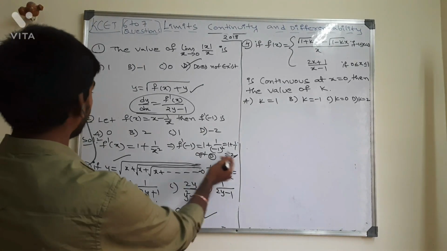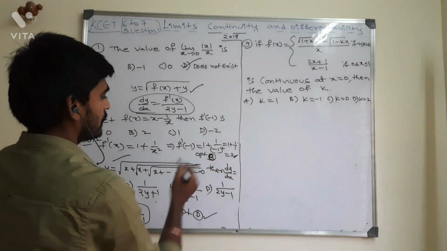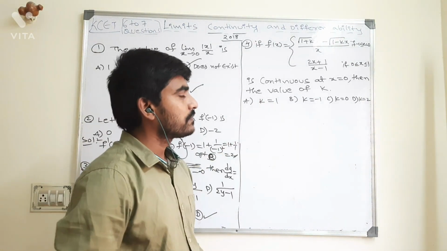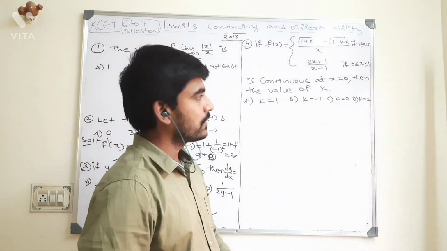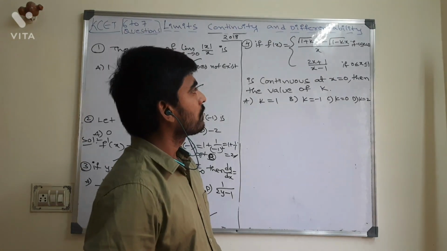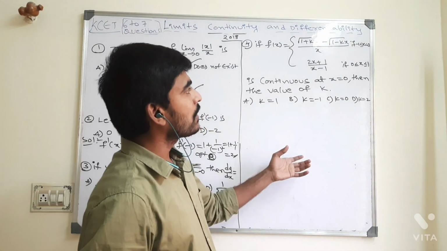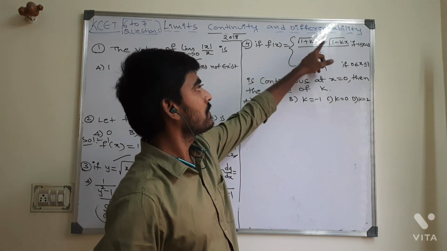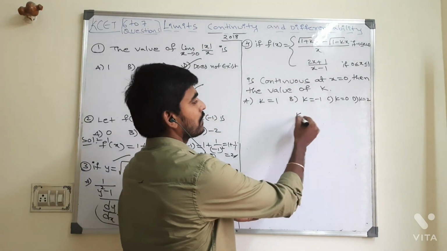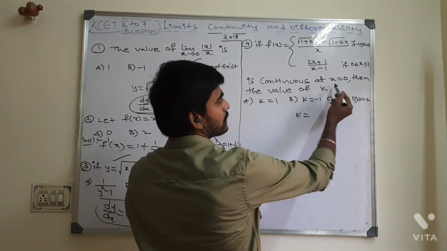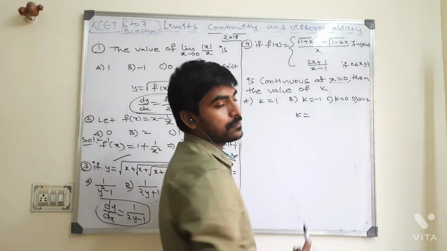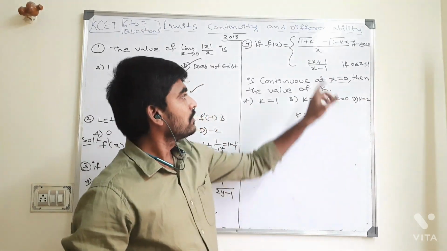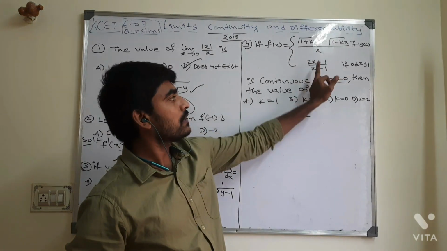No, plus 2 is option B. How to solve this? This is one of the standard, repeated questions. Since I have solved it many times, I remember this result. At x equal to 0, they are asking me to find 2 into 0 plus 1 by 0 minus 1.